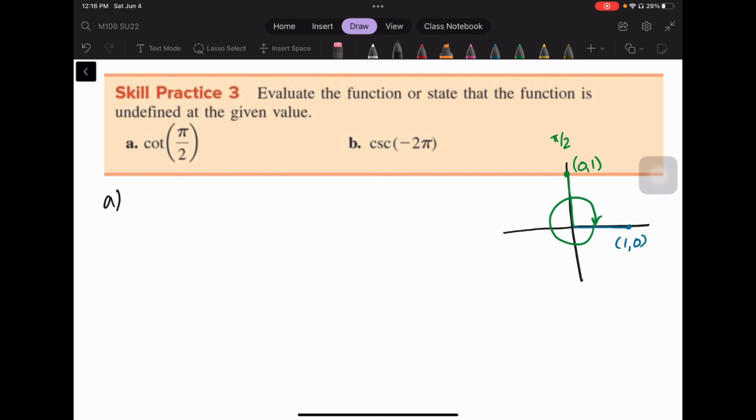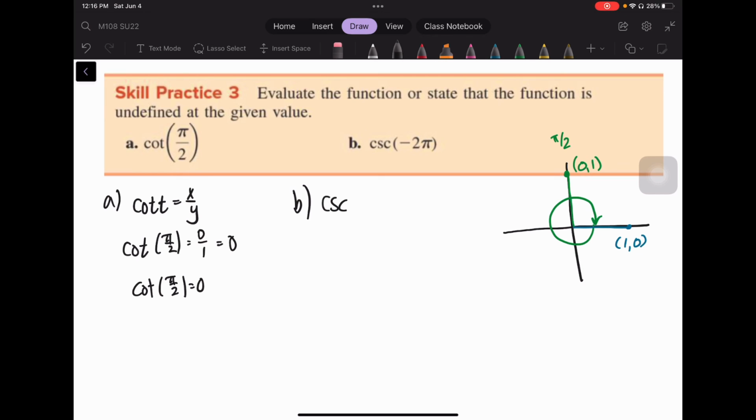Cotangent is the reciprocal of tangent, so it is x over y. And so the cotangent of pi over 2 is going to be the x value of 0 over 1, which 0 divided by 1 is just 0. So the cotangent of pi over 2 equals 0.